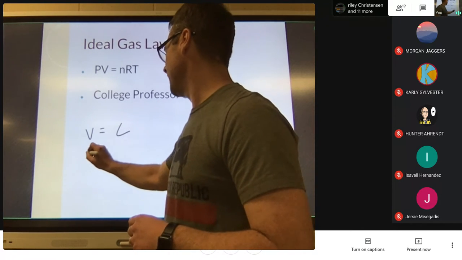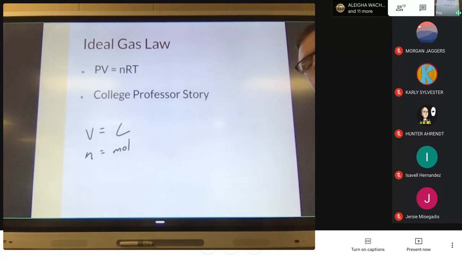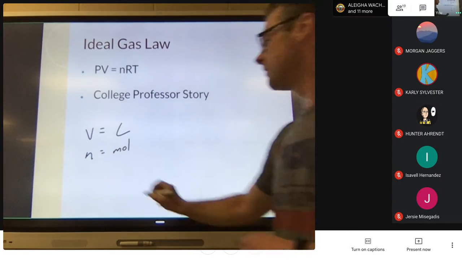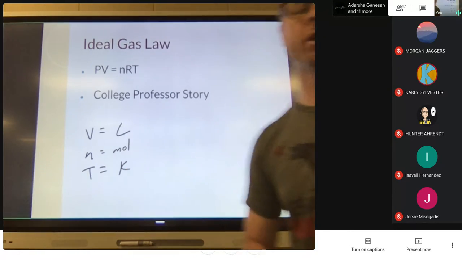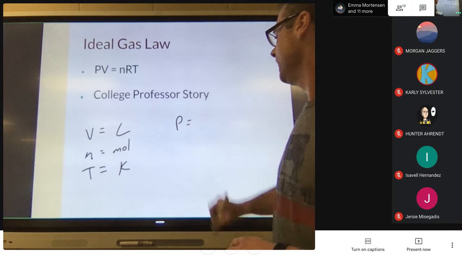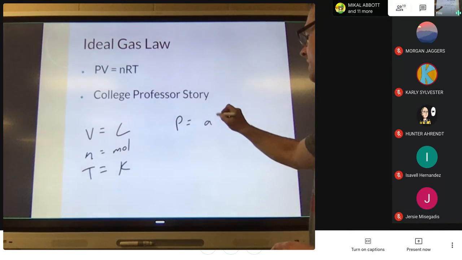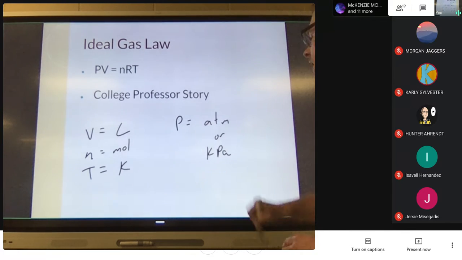N for right now has to be in moles. I'll show you some different ways in which we can deal with that. Temperature must be converted to kelvins if you want to plug it into this equation. If it's in Celsius, you've got to deal with it. And pressure is either going to be in atm or kPa, depending on which R you use.